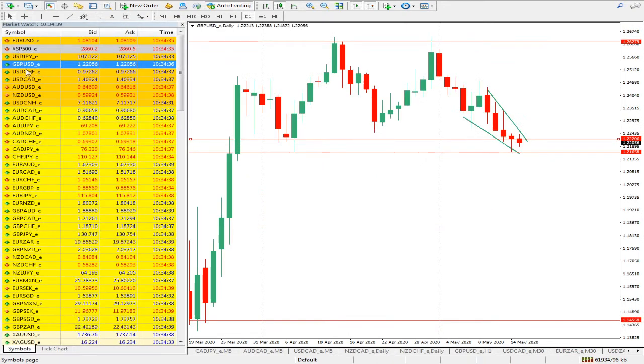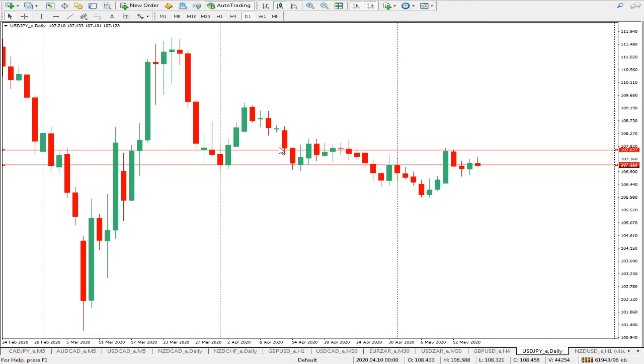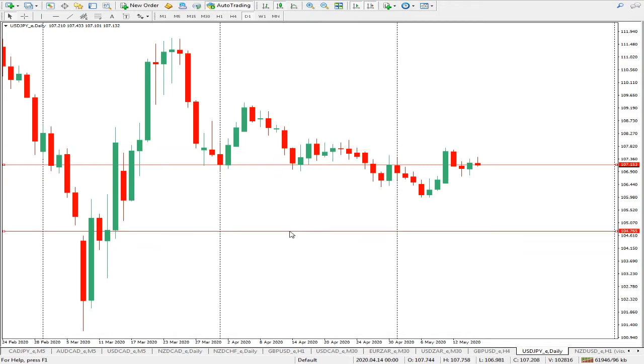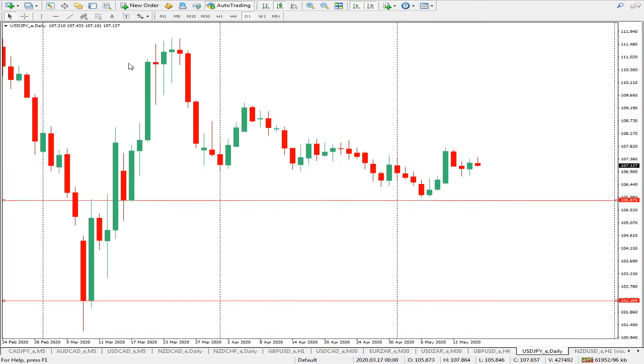For the next symbol, we have USDJPY. USDJPY has a similar shape formation, but these are the levels you need to focus on. We have this here, and then we have one line here, then we have a shape.